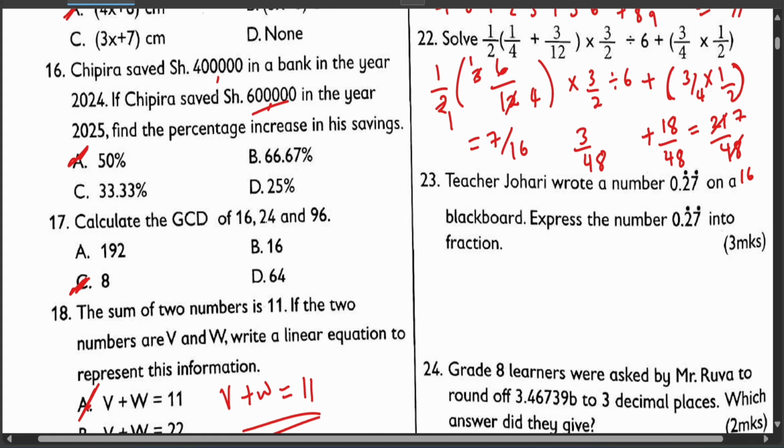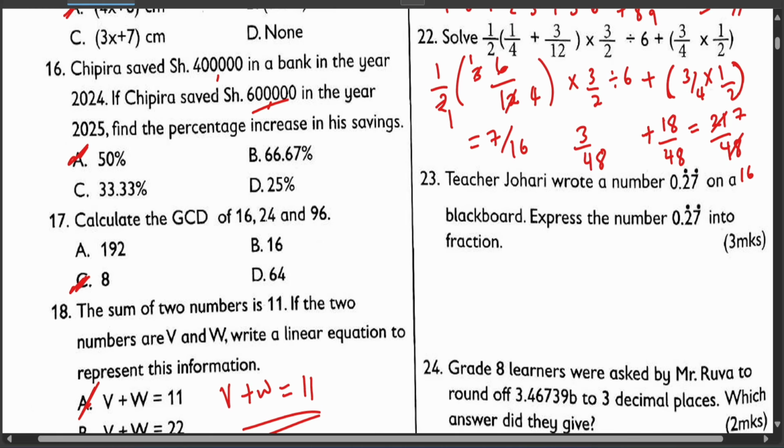Question 23. Teacher Johari wrote a number 0.27 recurring on a blackboard. Express the number 0.27 recurring into a fraction. So we say that R is represented by 0.27 recurring, which can also be written 0.2727 recurring.